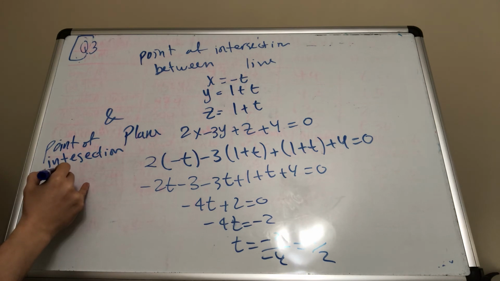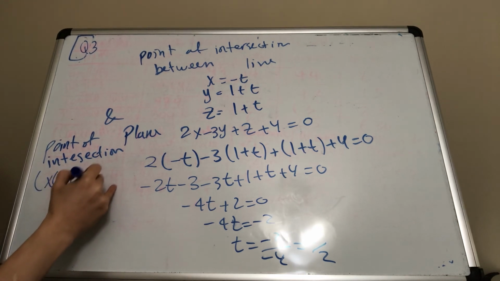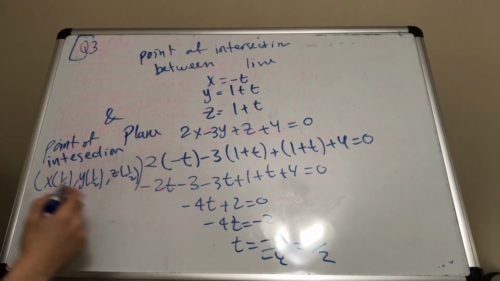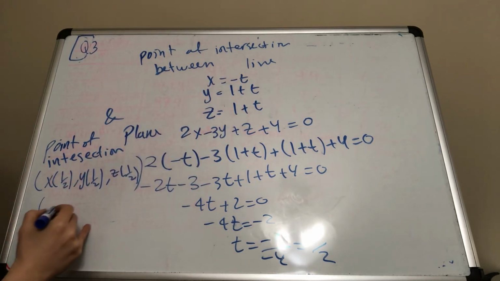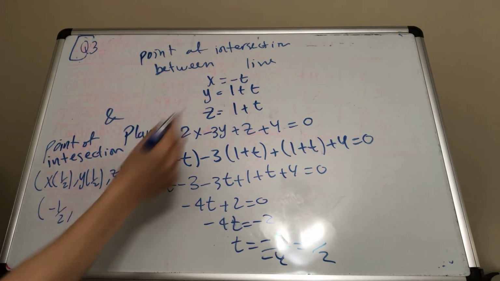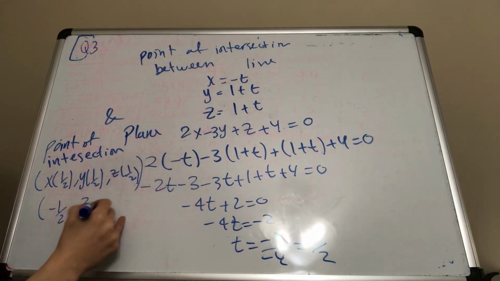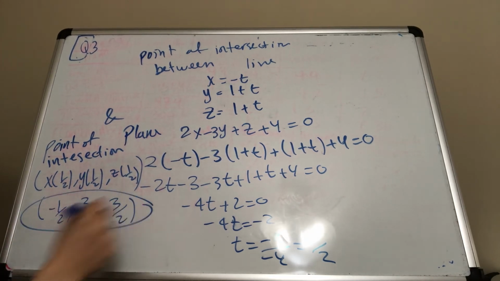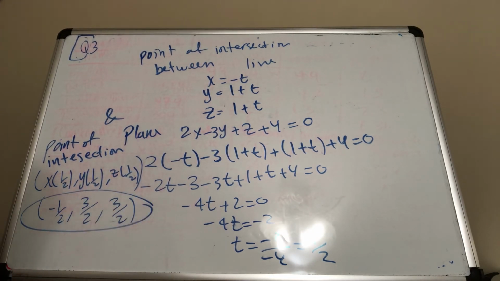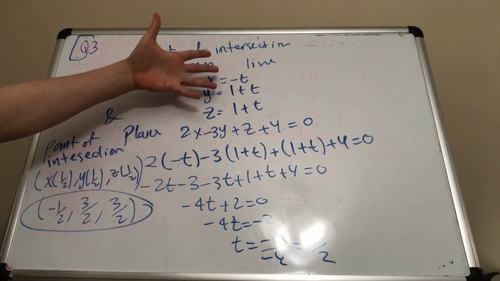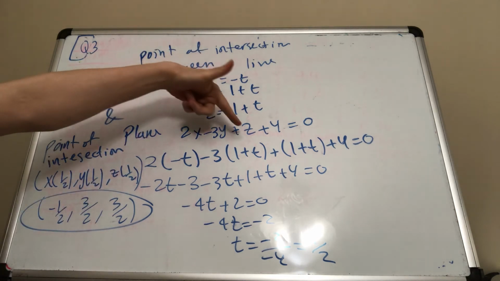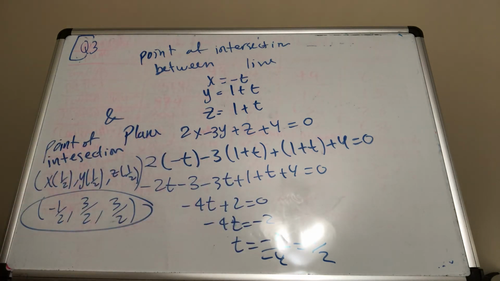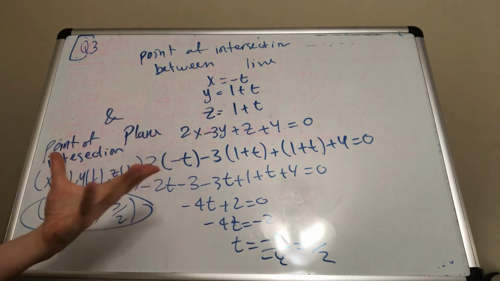In this case, you plug t equals half in here, so it would be minus half, half plus 1 is 3 over 2, and 3 over 2. This here is the point of intersection. So all I did was take the line, put it in the plane, solve for t, and plug it back into this to figure out what the point is.